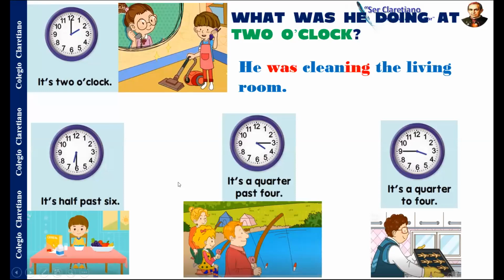Now let's continue practice. Genesis, what was he doing yesterday at 6:30? He had breakfast at 6:30. Yeah, he had breakfast. The other option is he was having breakfast. No, like this.